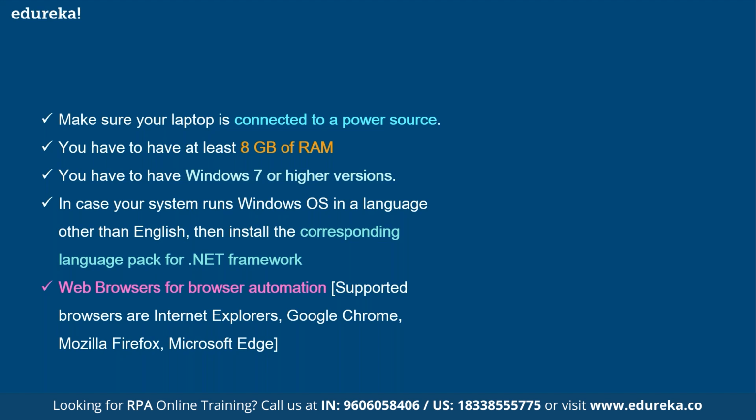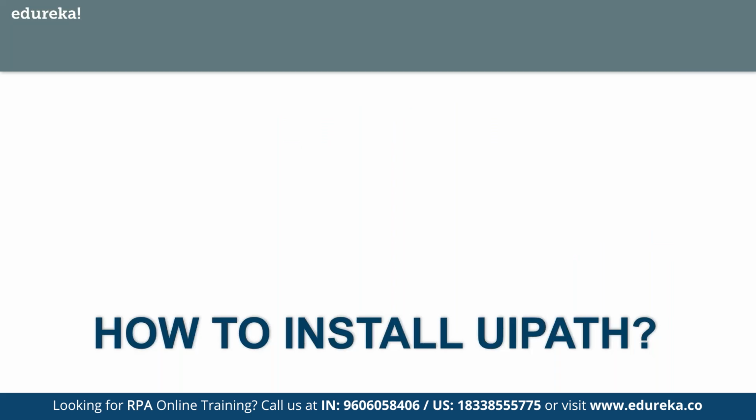If you want to run UiPath in a language other than English, since many languages work with UiPath, you have to install the .NET Framework language package. The supported browsers for automation are Internet Explorer, Google Chrome, Mozilla Firefox, and Microsoft Edge. These are the prerequisites before installing UiPath.